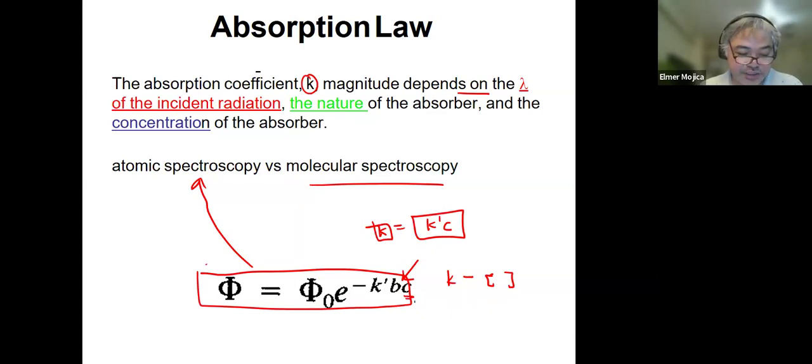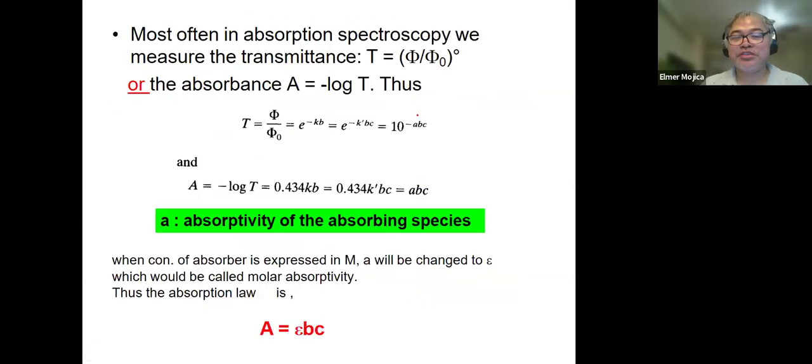Most often, in absorption spectroscopy, we measure the transmittance, the amount that went out over the amount that was put in. If the transmittance is 100%, what does it mean? There is no absorbance, right?